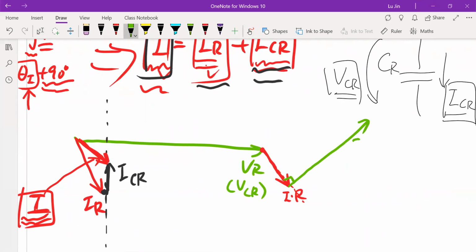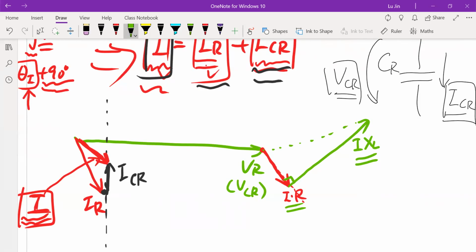So this is I by XL, the magnitude of it. So now, regarding the impedance Z of the transmission line, the total voltage across Z is actually IR plus IXL. In other words, this dashed line is the voltage across the impedance of this transmission line.